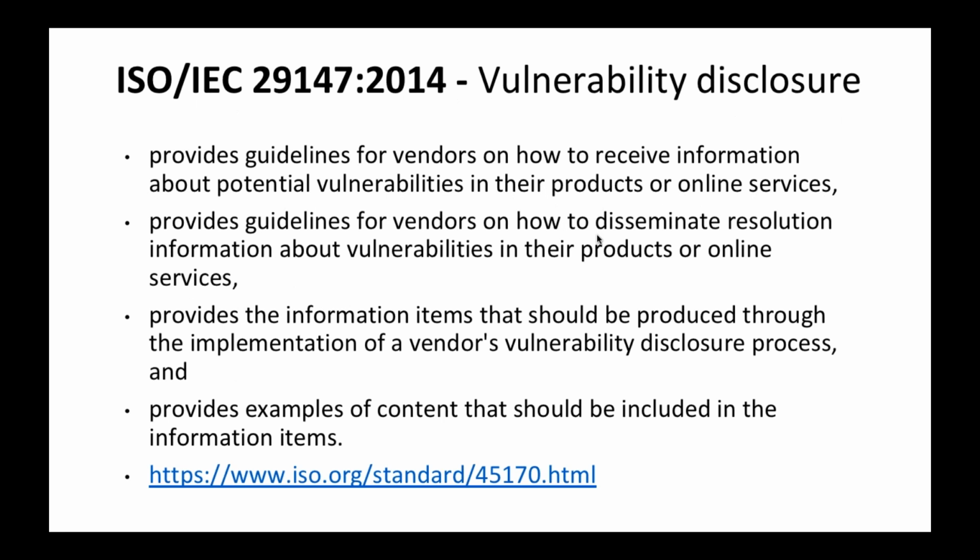So ISO 29147 2014, this standard provides certain information on how you create a vulnerability disclosure program. So what should vendors do, what they shouldn't do, how it should work, etc. So you can use this link, go there and get the details of this.